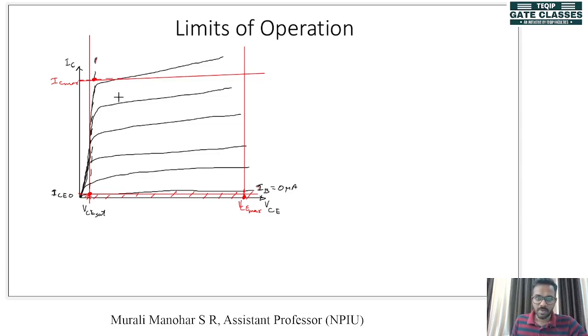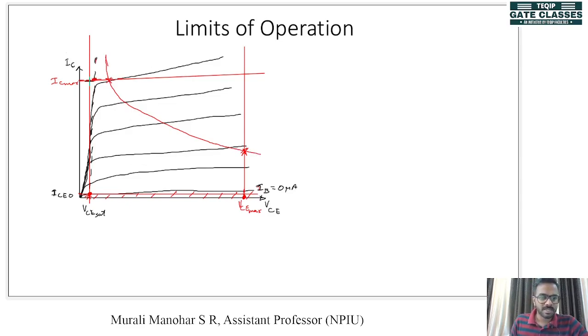We can show the power limit on the graph as this. There will be a voltage corresponding to the maximum current, which gives the maximum power, and there will be a current corresponding to the maximum voltage that gives the maximum power. So this is the curve that denotes the maximum power dissipation criteria.